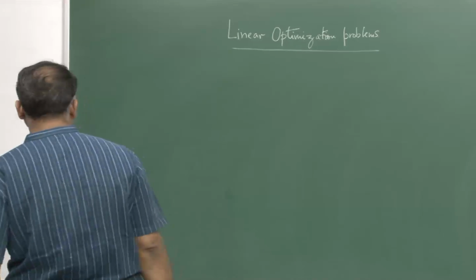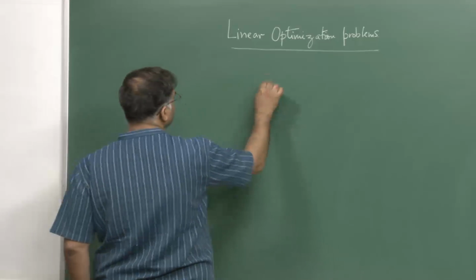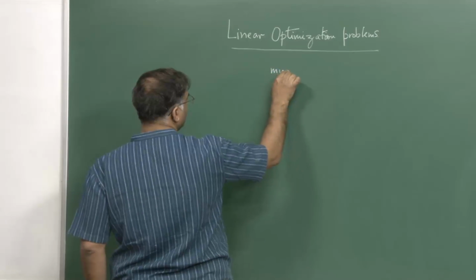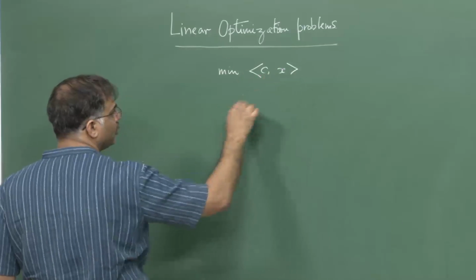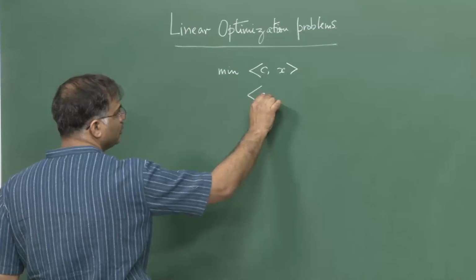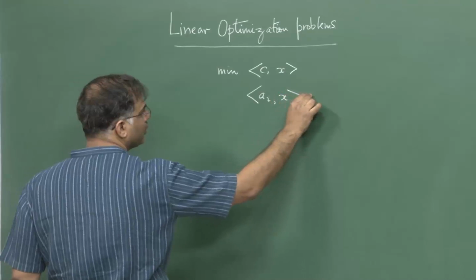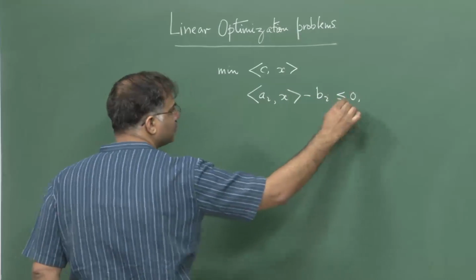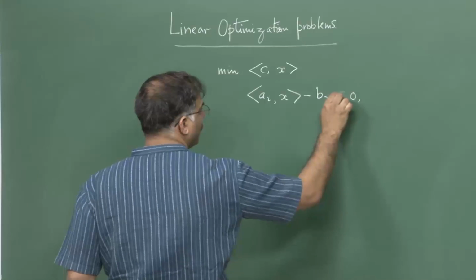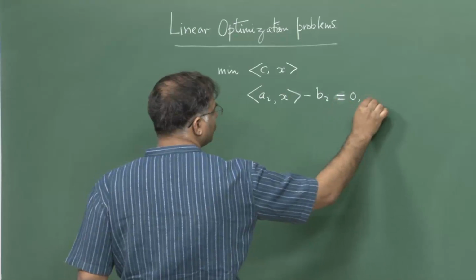When I am considering a linear optimization problem, I am considering minimization of a linear function. Any linear function on Rn is given by an inner product, subject to so-called affine constraints, that is linear minus a translator real number. Maybe I should write equal to 0.